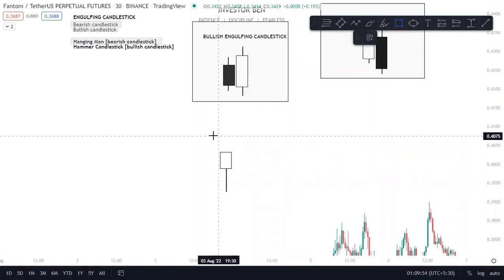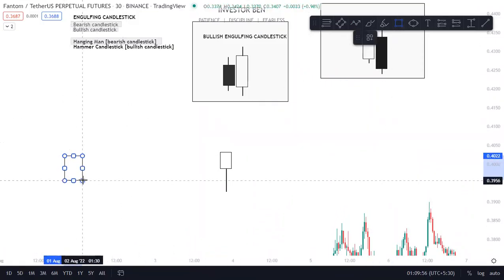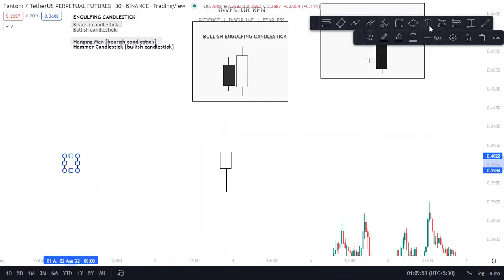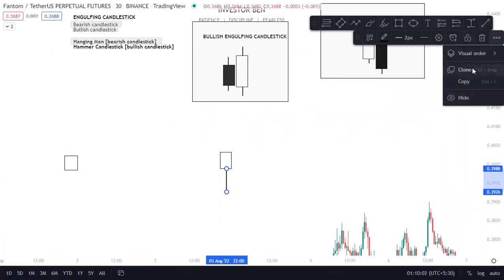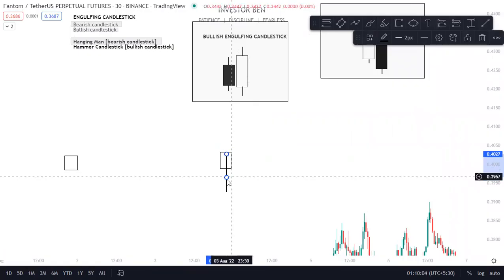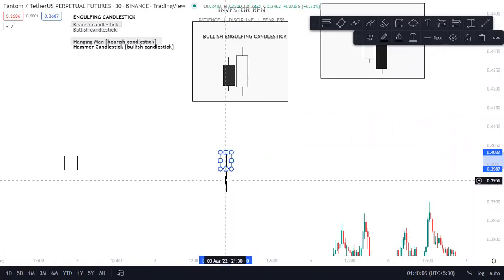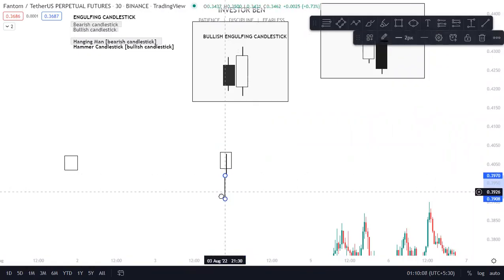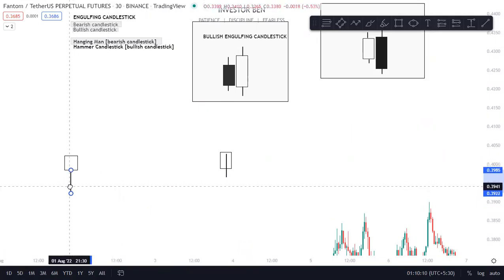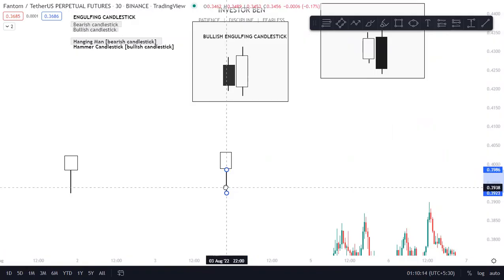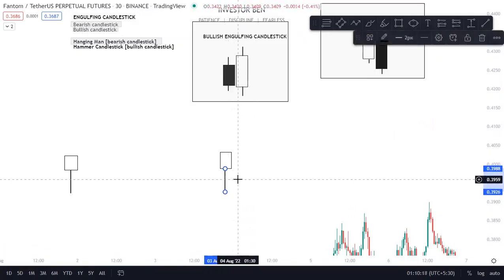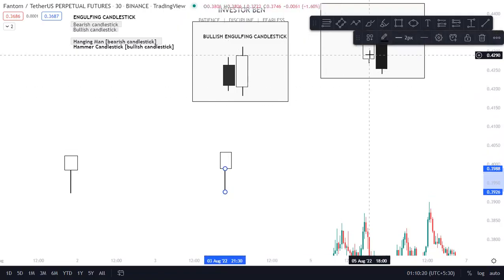Meanwhile, let me draw the two. I'll just be changing their colors because they can't carry the same color. Okay, this is it for this one.